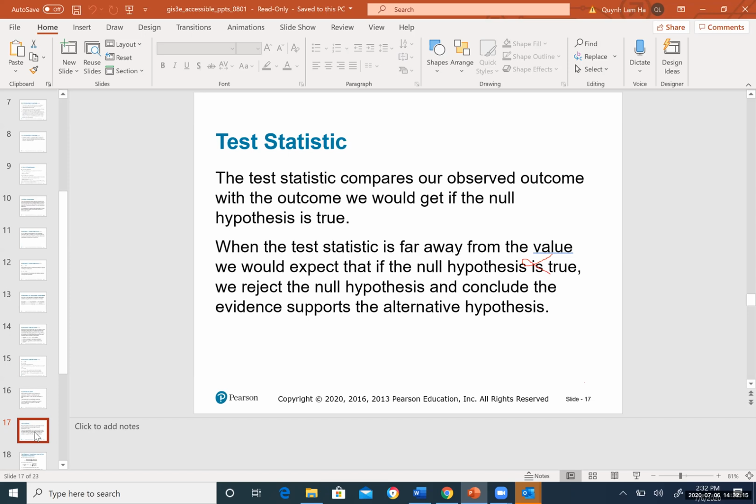So for the test statistic, what do they analyze? The test statistic compares our observed outcome with the outcome we would get if the null hypothesis is true. Again, I repeat that. For the test statistic, all the time they will apply a z-value, so there will be a formula for you. The z-value is not like the z-value that you learned in chapter 6.